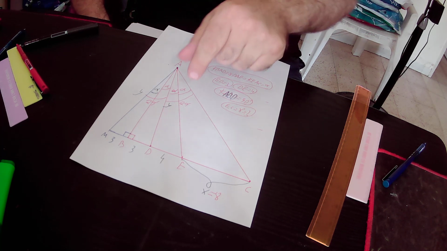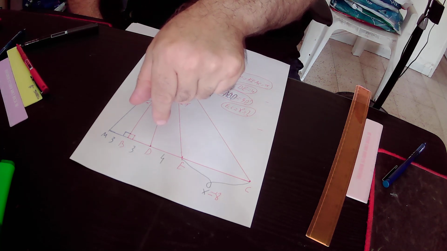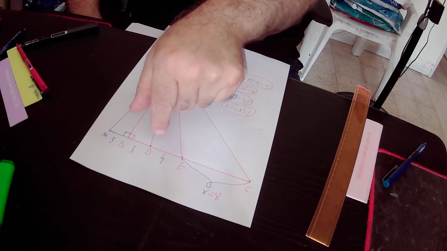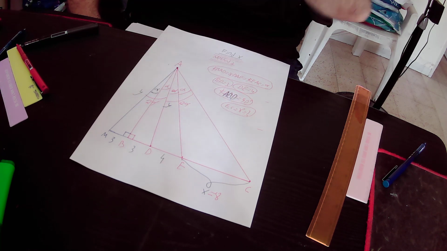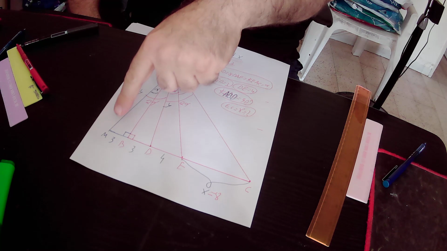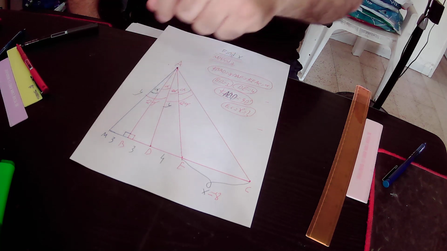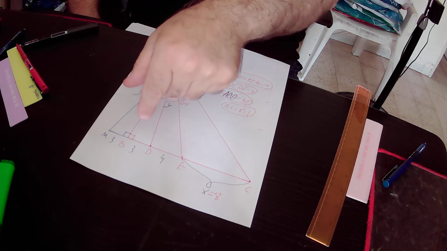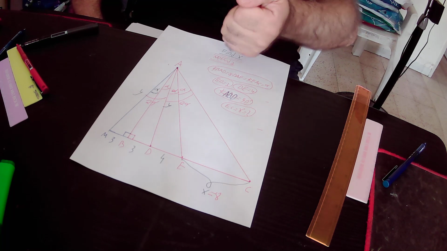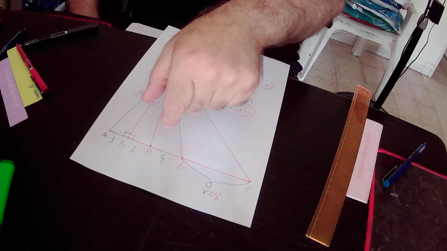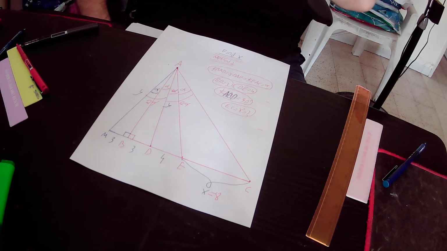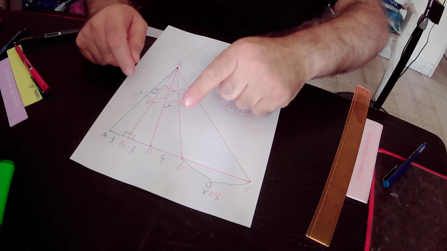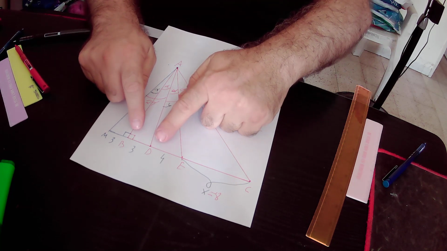Actually, we extended side BD by 3 units, and we defined this point as point M. So MB equals 3 units according to our construction, because we extended BD by 3 units. So MB equals 3 units, which equals BD, that also equals 3 units.